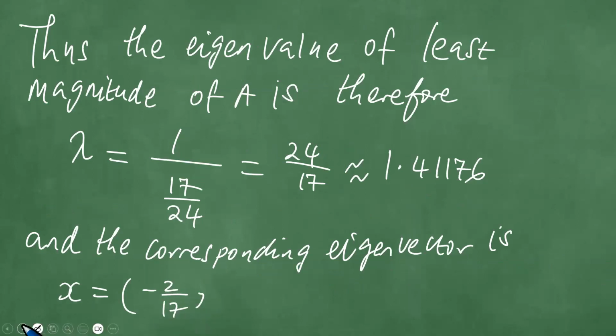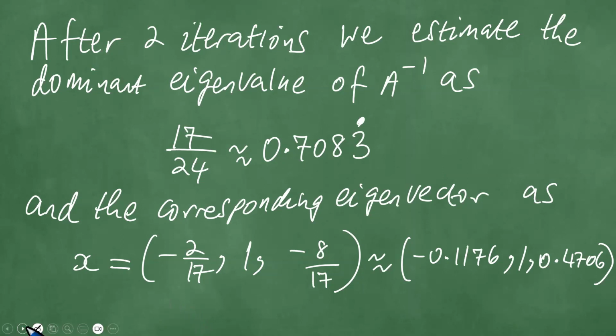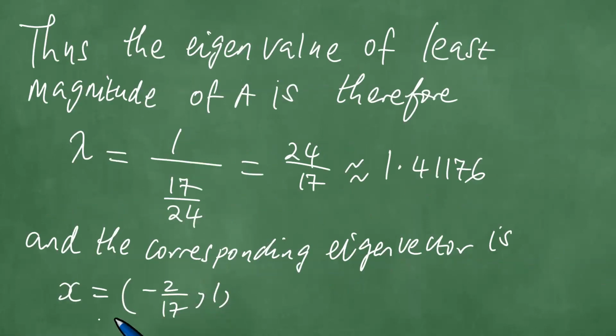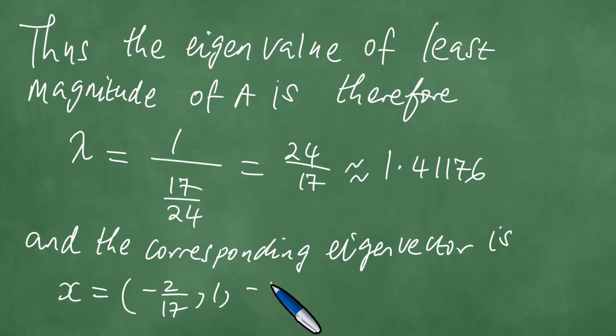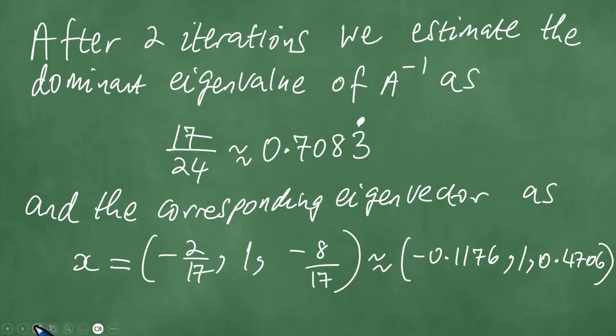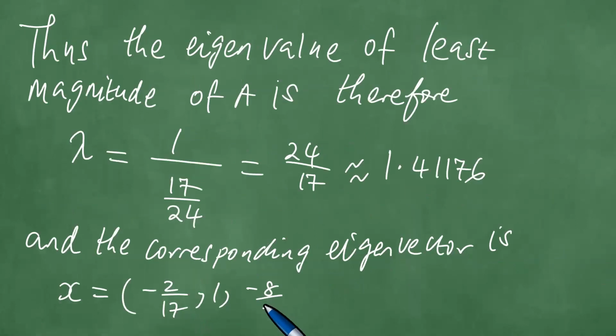Minus 2 over 17, 1, minus 8 out of 17. Okay.